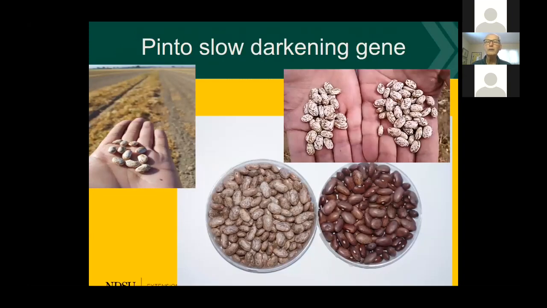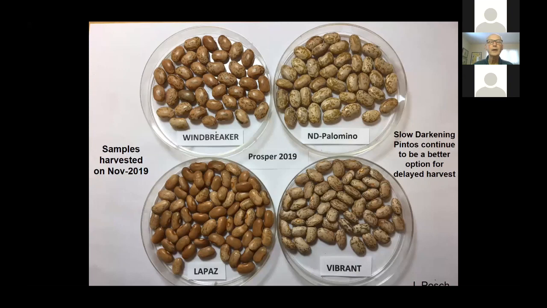Now I'm looking at the Pinto, and one of the things that the breeding program has been working towards is to look at a gene that provides a slow darkening of the Pinto bean. On the bottom, you see a little dish with a slow darkening bean versus a Pinto bean that does not have the slow darkening. And you see it is quite a bit darker in its appearance.